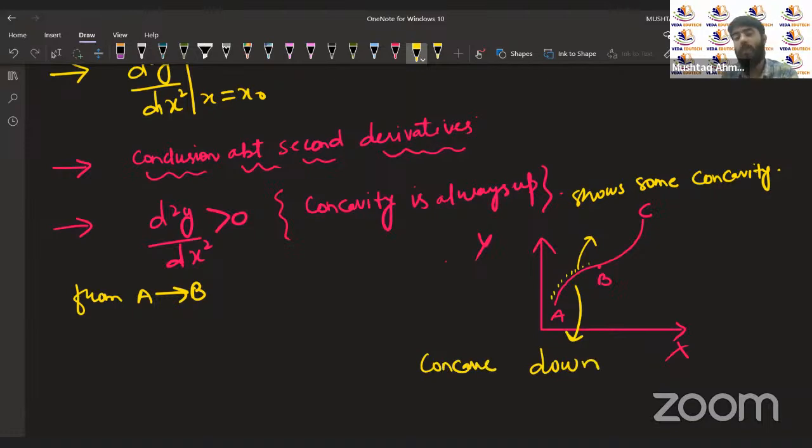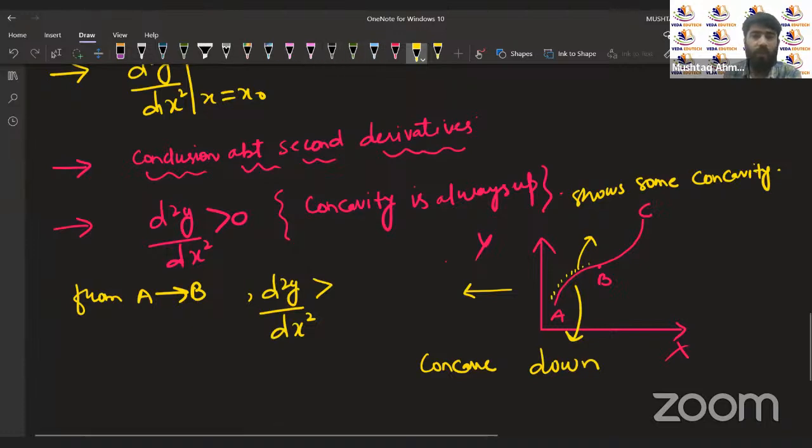If the curve is concave down, we can clearly see that from point A to B, the second derivative of this curve at any point between A and B will be less than 0, not greater than 0.